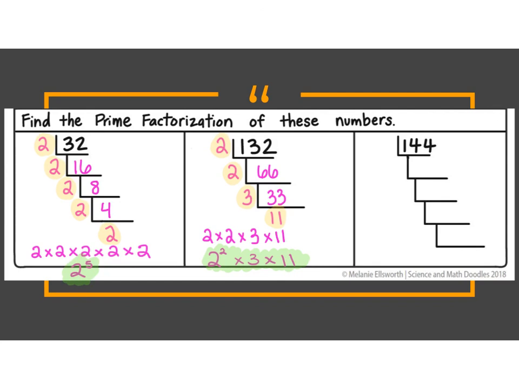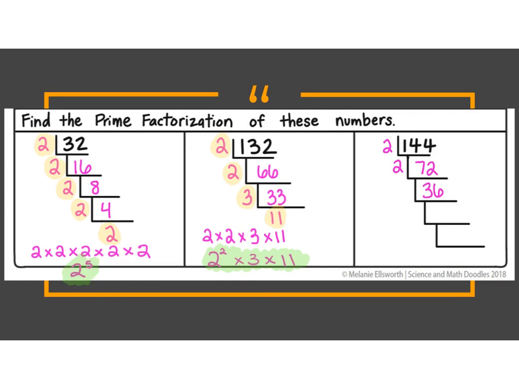Lastly, we'll look at 144. 144 is even, so we can divide by 2. When we divide by 2, it equals 72. 72 is even, so we can divide by 2, and we get 36.